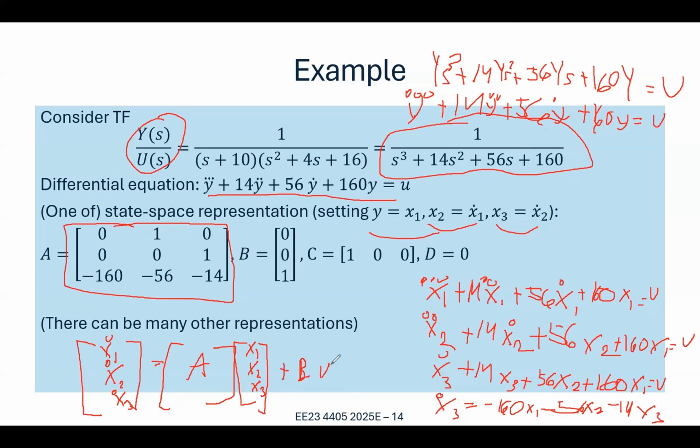So A here is 0, 1, 0 in the first row, multiplied by x1, x2, x3.